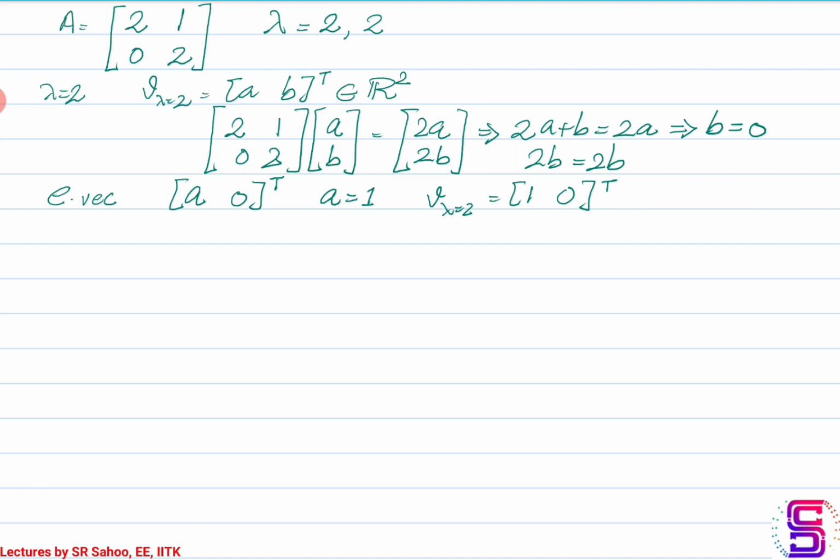Every other eigenvector that I choose will lie in the span of 1 0. So I can have just one vector which will define the entire set of vectors that can be the eigenvector for A, given the relationship Av equal to lambda v. But there are two eigenvalues, so there should have been two eigenvectors. Well, the answer in this case is no.